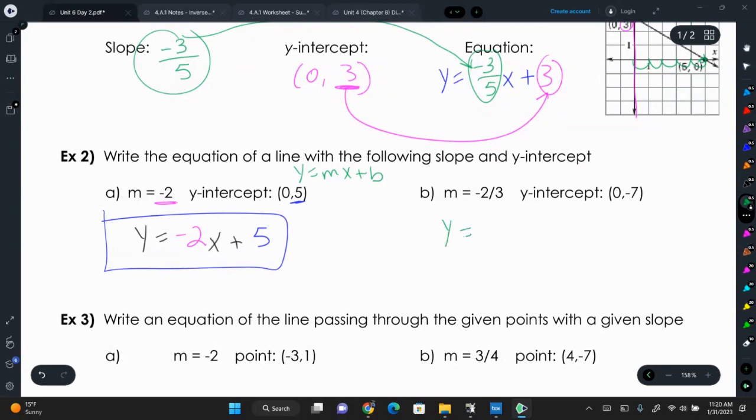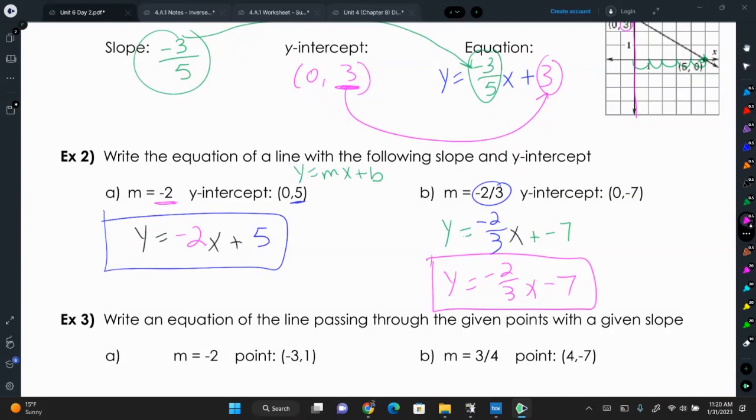Here we have a fraction, so y equals negative 2 over 3 x plus negative 7, and we can write that as minus 7. So y equals negative 2 over 3x minus 7, and that would be our equation. Again, slope-intercept form, very easy to work with.